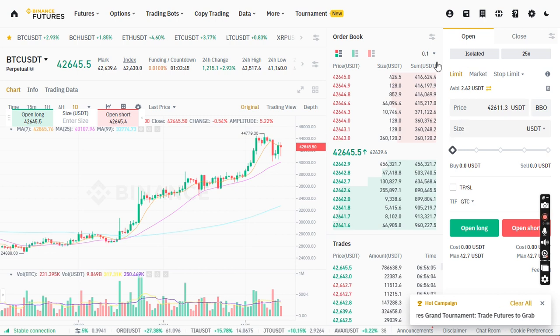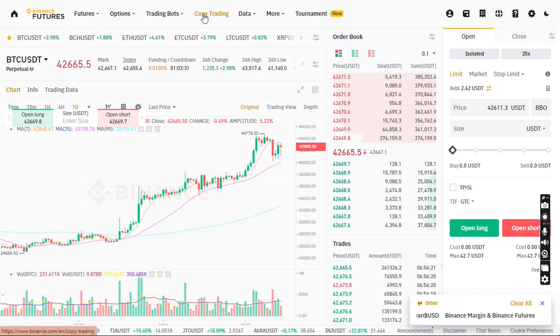So I think I would also make a video on this. I have a video on this, so I'm going to share it with you guys, so you will know how to place a trade on Binance in case you're given a signal to trade. So copy trading, I talked about this.